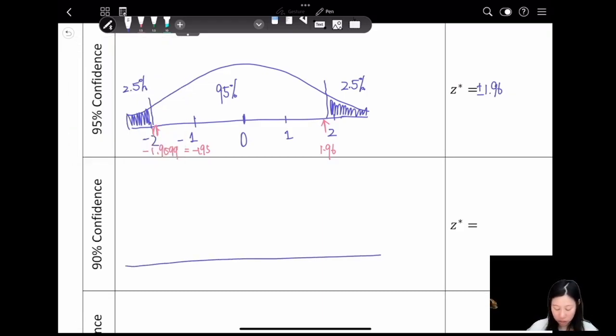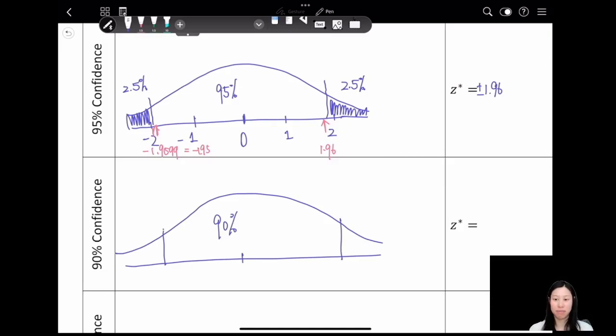Again, the idea is the same. So I would suggest you pause the video and try to do it by yourself and try to find the cutoff value. We want the middle part to be 90%, so do it by yourself. Okay, did you find the cutoff value? So these two parts you want to be what? Since the sum of these two tails equals 10%, each part should be 5%. We know that it's symmetric.